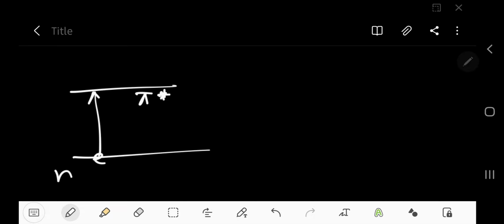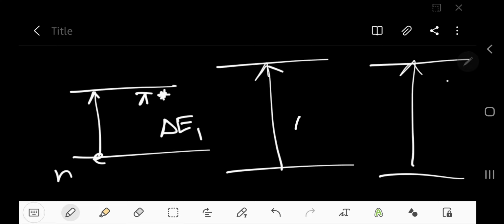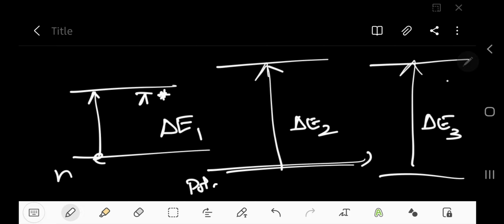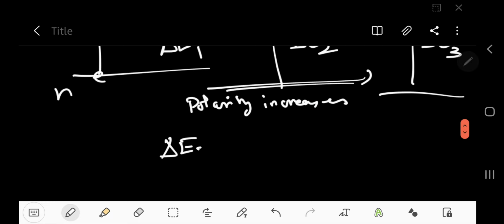When the polarity increases, there will be an increase in the energy. Let us consider this is delta E1, delta E2, delta E3, with increasing polarity. Energy delta E3 is greater than delta E2, greater than delta E1.